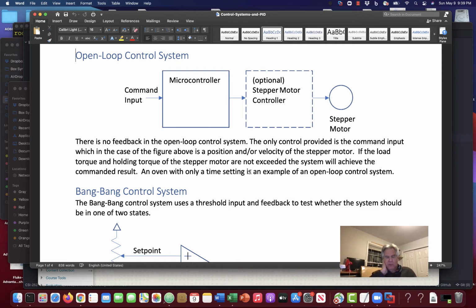Whereas a closed loop control system would be cruise control, for instance. It can sense when the car is slowing down or when it's speeding up. And it keeps the car within a certain range of velocities, hopefully a relatively tightly controlled range, so you just head down the road at a constant speed.